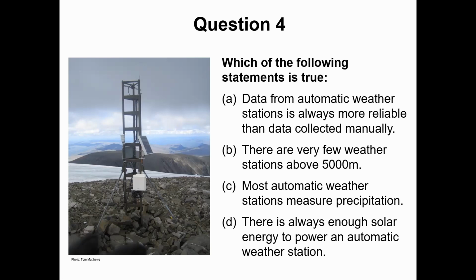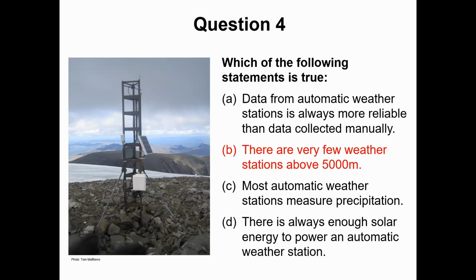Most of them are measuring things like temperature, wind speed, and direction. And as I explained in the lecture, sometimes these weather stations can run out of electricity because there's not enough sunshine to keep the batteries charged. So well done to everyone who thought it was B.